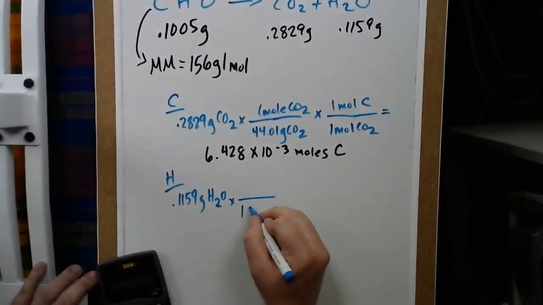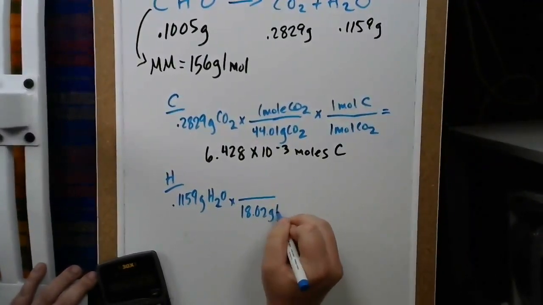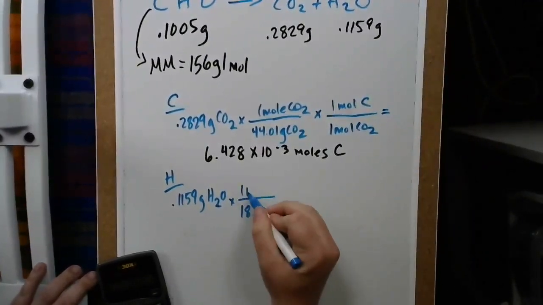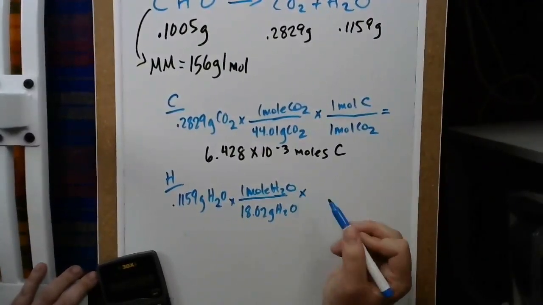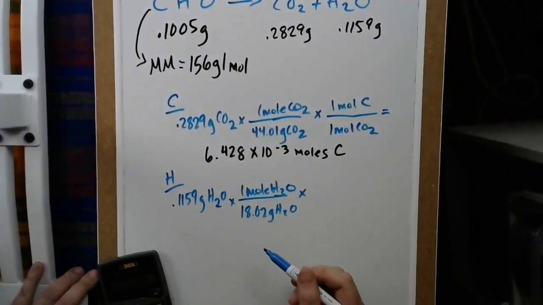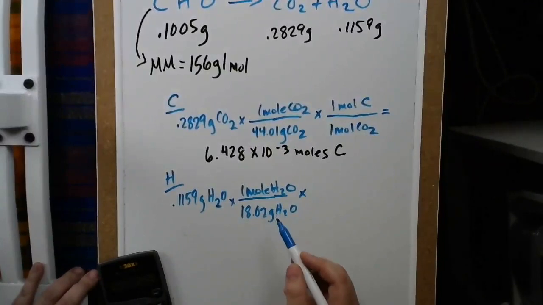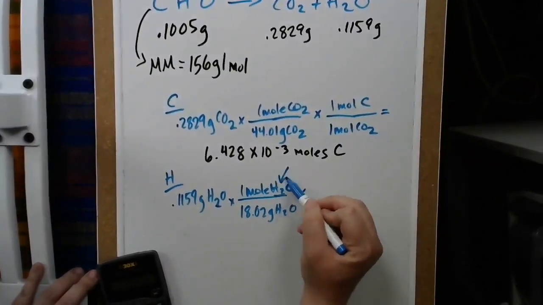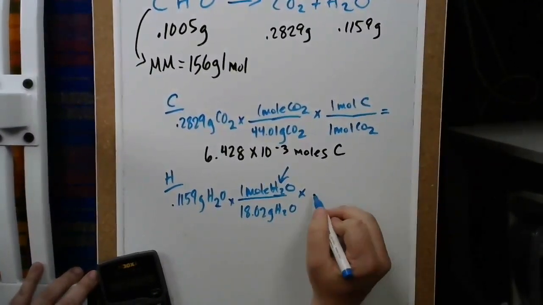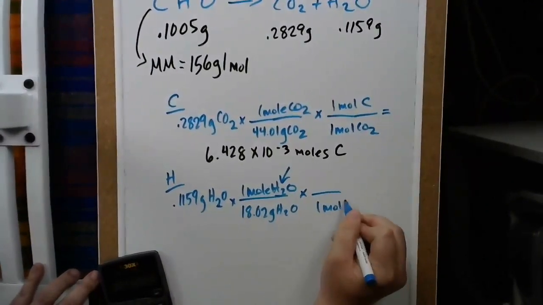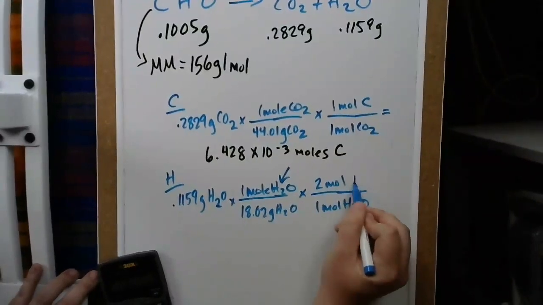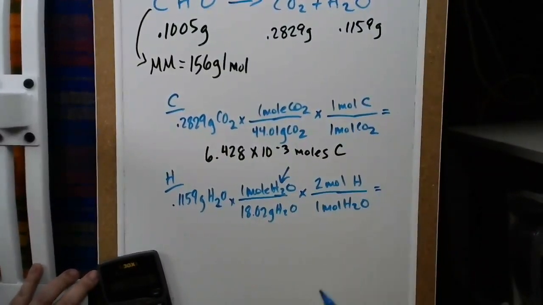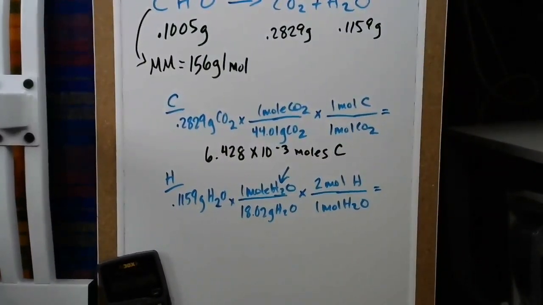So I'm going to convert from grams of H2O to moles. And now over here, I have to convert from moles of H2O to moles of hydrogen. And this ratio becomes very important right here, okay? For every 1 mole of H2O, I have 2 moles of hydrogen. I have to make sure to take that into account when I'm doing this calculation.